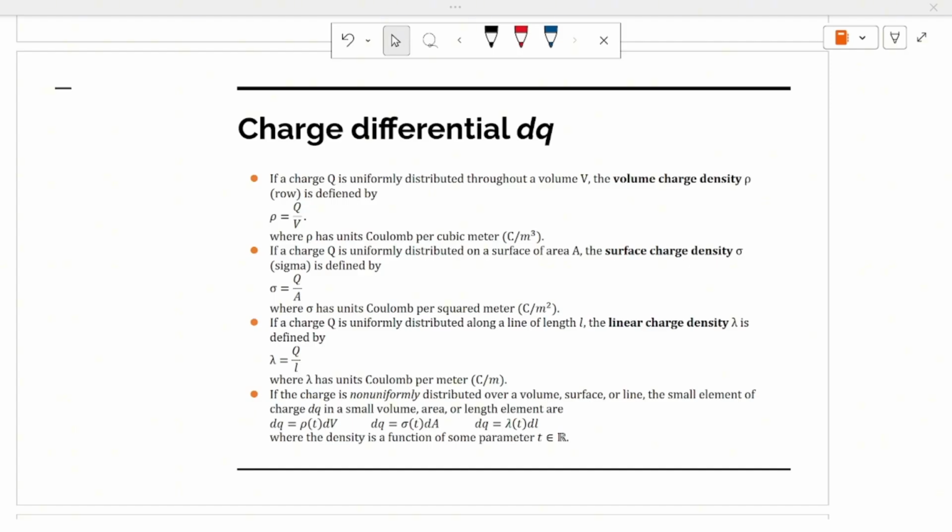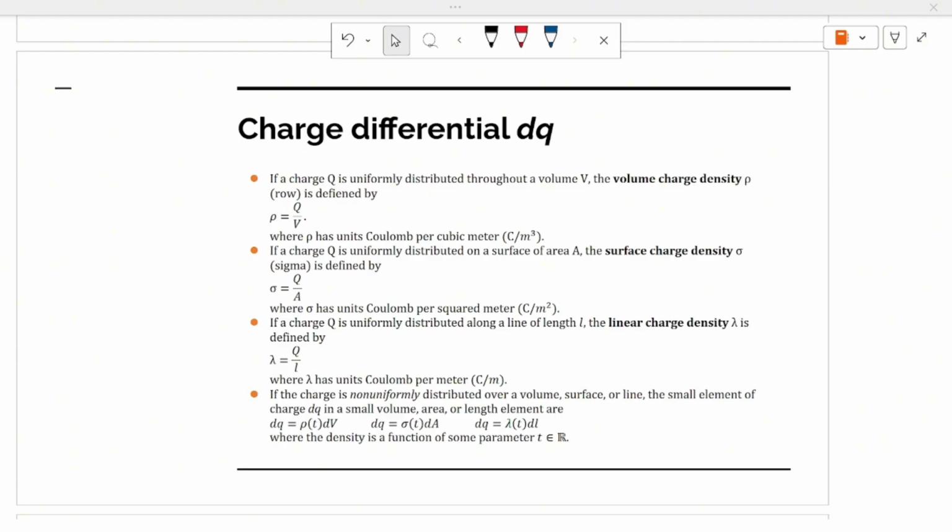So if you have like a charged rod, now say rho, sigma, and lambda are not uniform, and they're a function of some parameter, whether it's distance, time, whatever.